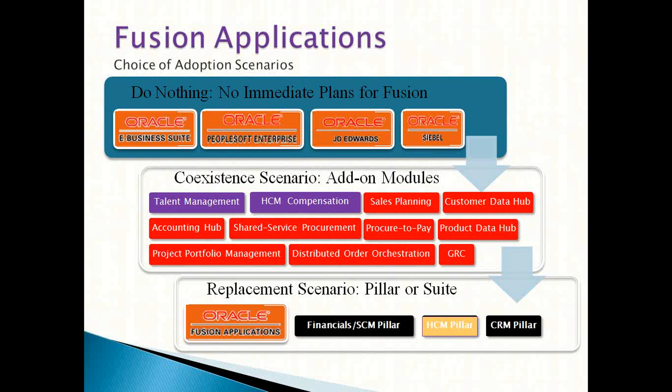Now they want to try out HCM completely on Fusion. So only they will move HCM to Fusion, complete HCM, and financials and their CRM continue to be on e-business. So that is what we call as pillar or suite replacement scenario. So these are the different options offered by Oracle for the customers so that they can adopt any of the models.